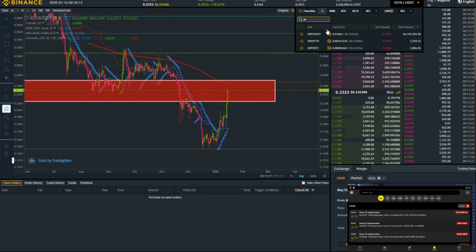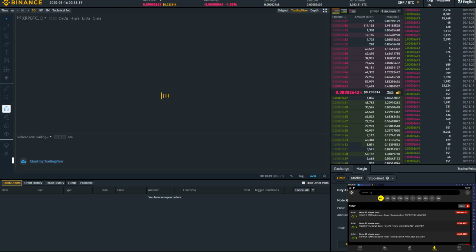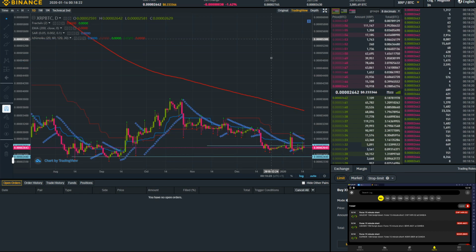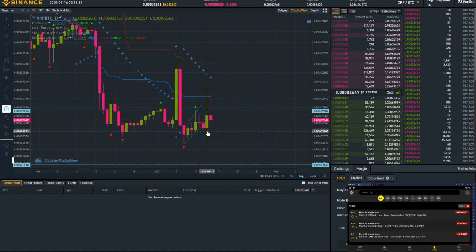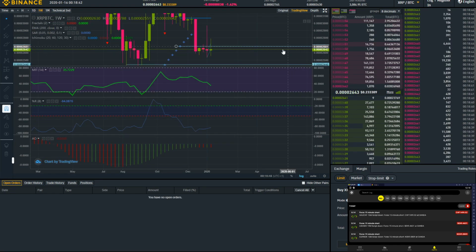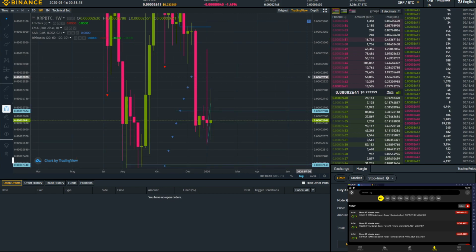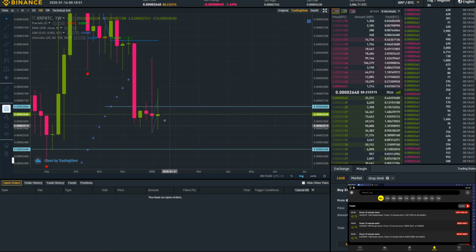Let's see XRP USD. So this shitcoin and ETH blew my account. Look at this. It's probably a short squeeze. What can I say? On the weekly we have a clear spinning doji candle and another spinning one, so there is indecision in the market.